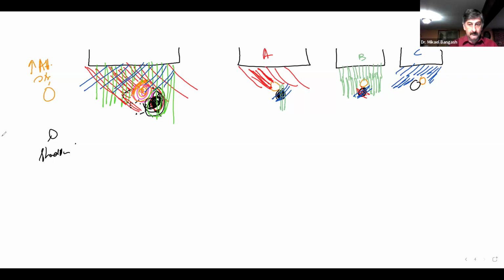And likewise, this shadowing effect here would have been neutralized by sound waves coming from A and from B. Because at the end of the day, this scan is going to be overlapped by this scan, which is going to be overlapped by this scan.